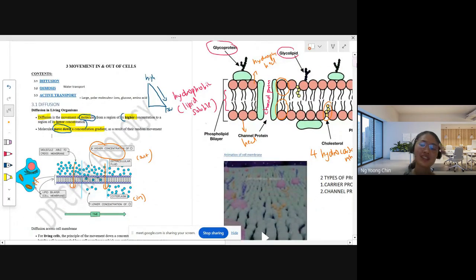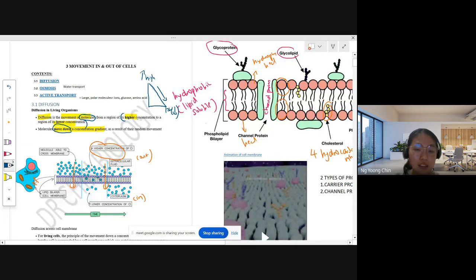Okay, thanks. So diffusion is molecules moving from high to low. As you can see, I drew this triangle, which refers to the molecule. They are moving from the high concentration to a very low concentration, down the concentration gradient.